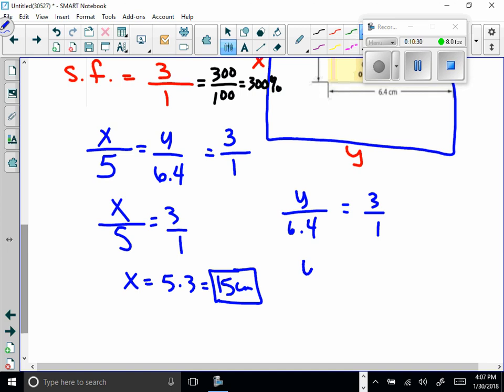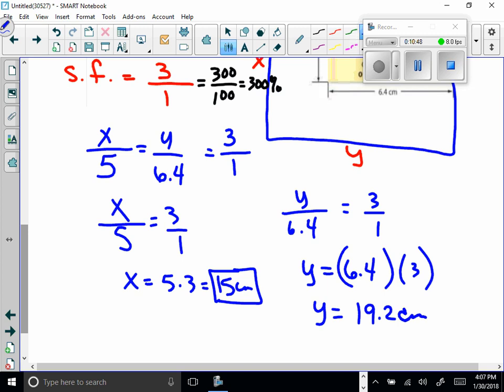And the same thing, y equals 6.4 times 3. And so y would equal 19.2 centimeters.